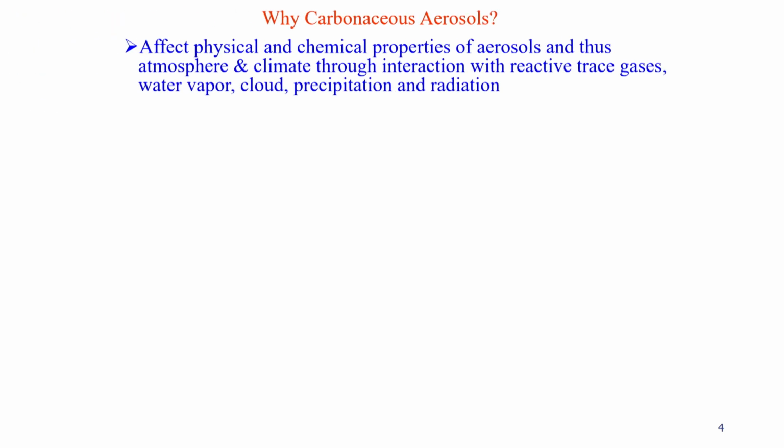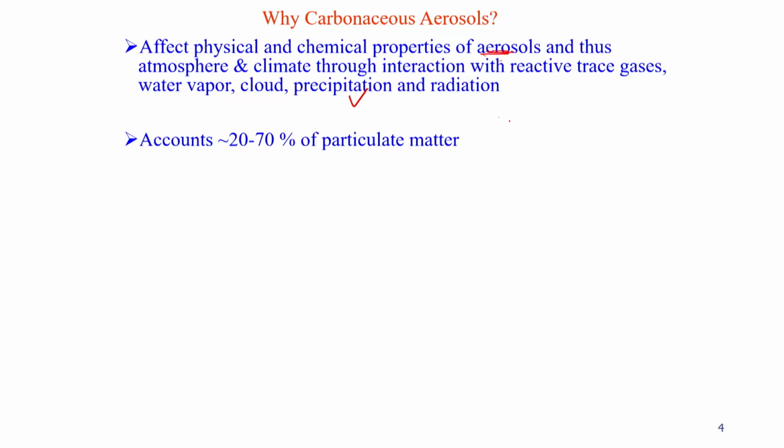One thing is very important: why do we study carbonaceous aerosols? Because we know carbonaceous aerosols can affect physical and chemical properties of the aerosols. We have been discussing this because they are hygroscopic, they can change the hygroscopicity, they can change the refractive index, they can change the albedo, which here will be referred to as single scattering albedo.